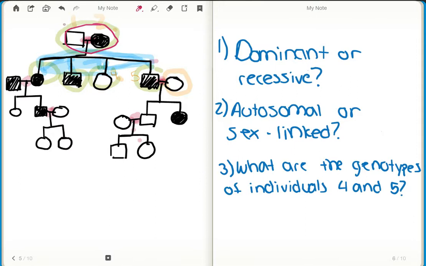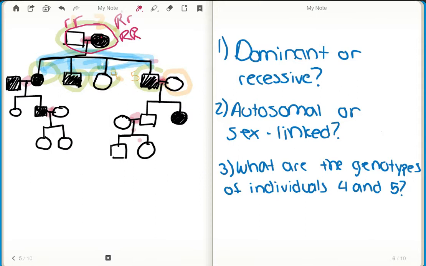So let's say the trait was for rolling your tongue. So he would automatically have to be little r, little r. This individual, because they have it, they can either be heterozygous, which is one allele of each, or homozygous dominant, like so. But we don't know yet.